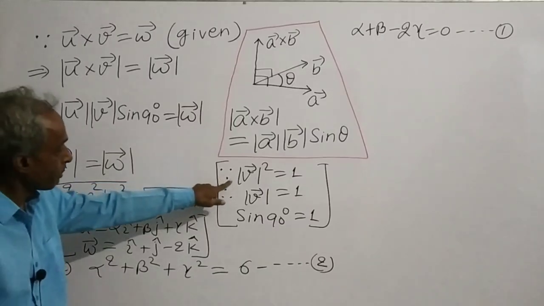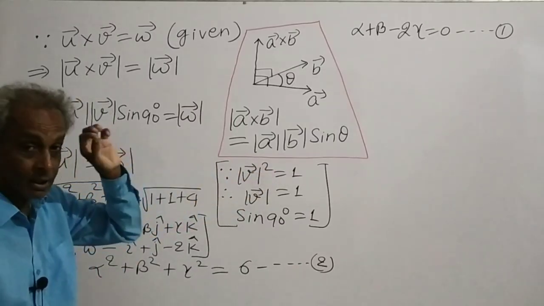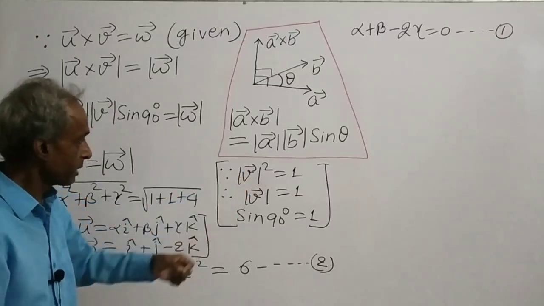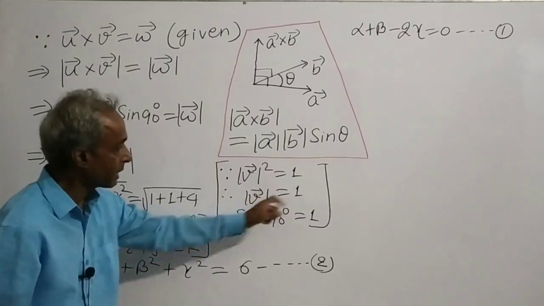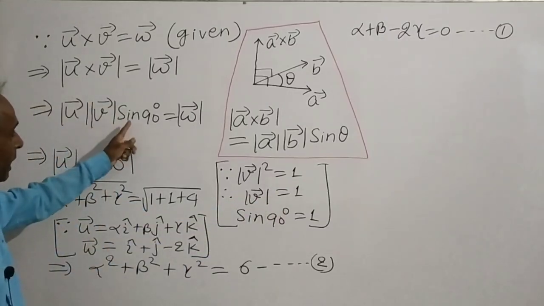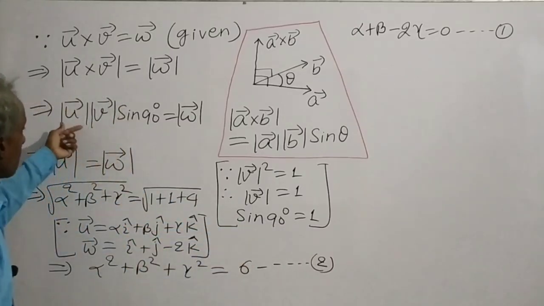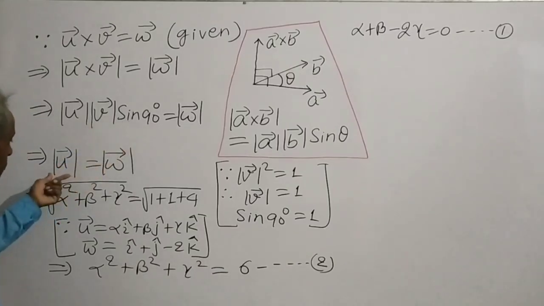Since mod of V square is equal to 1, as we have just calculated, mod of V will be equal to 1. That means this will be 1 and the value of sin 90 degrees is also 1. Mod of U times 1 will be equal to mod of U is equal to mod of W.